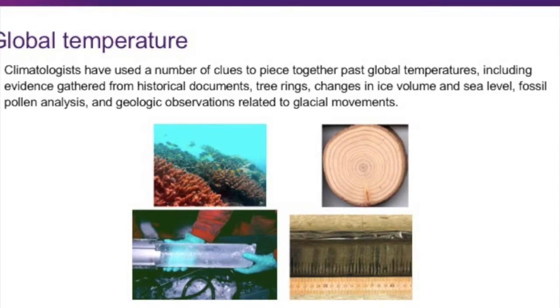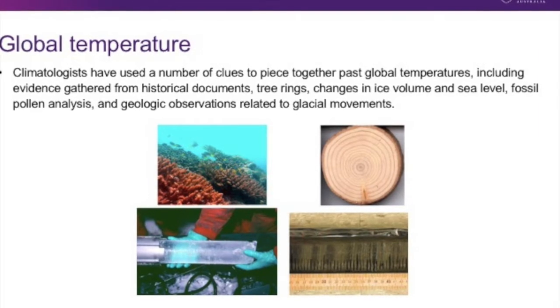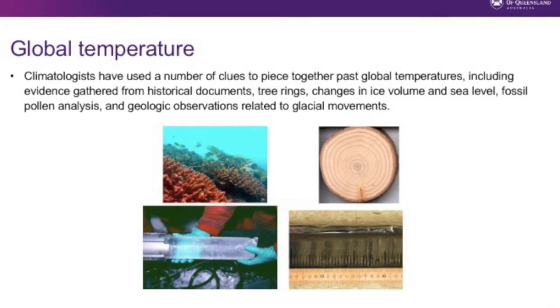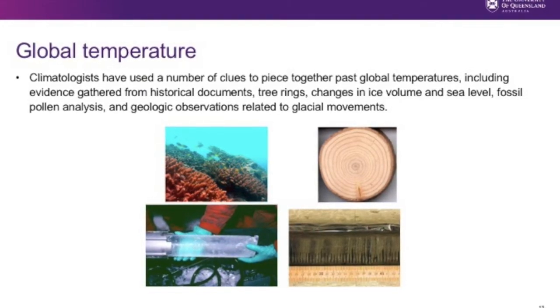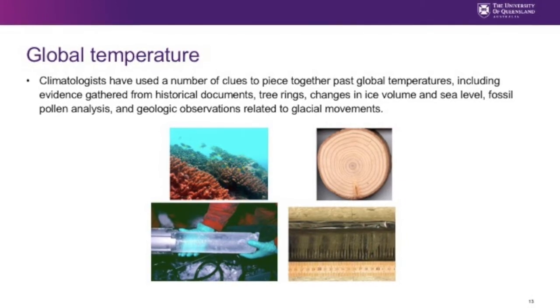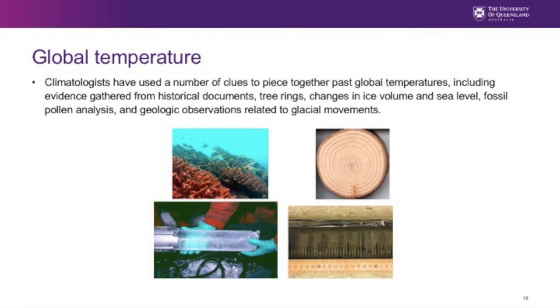The evidence has been gathered from historical documents, but they cannot go that far, but they can go very far by measuring the rings on trees. And then there are some other things like fossil pollen analysis, etc.